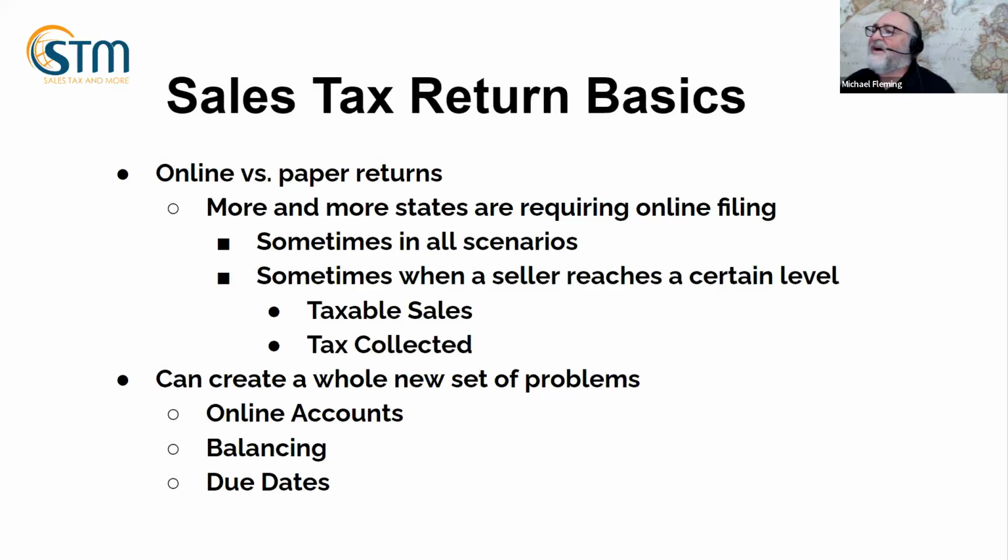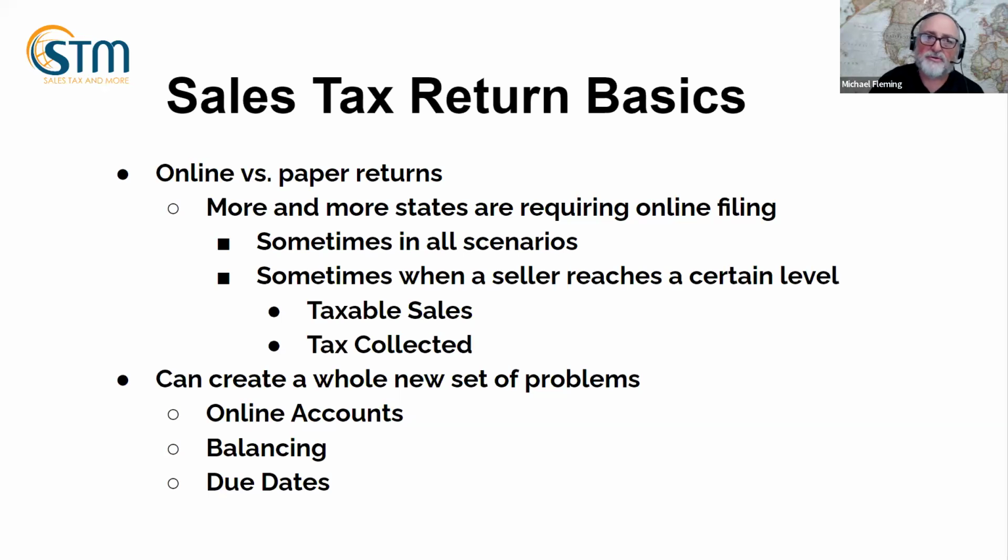Okay, Ellie. All right, so basically two ways that you can do returns. You can do them online. More and more states are wanting you to do them online. Or you can do paper returns. Some states still allow paper returns. Some states require online returns when you reach a certain level of sales.